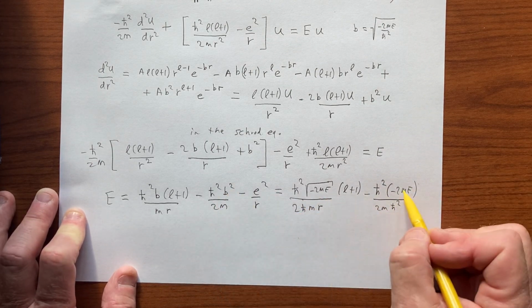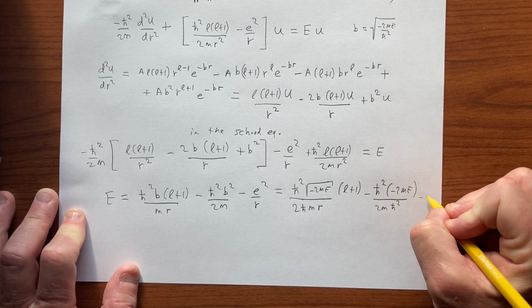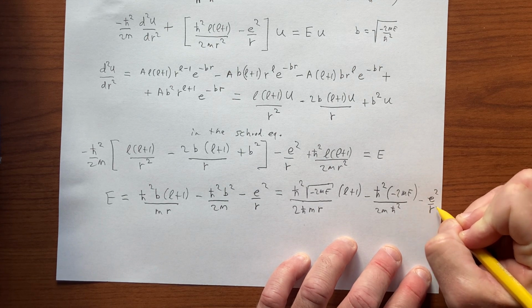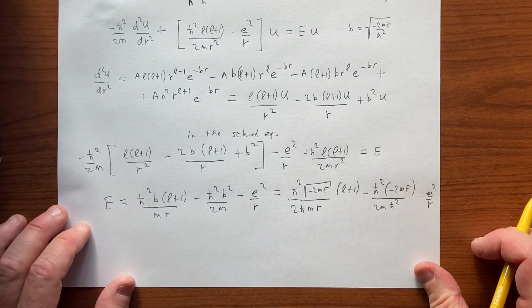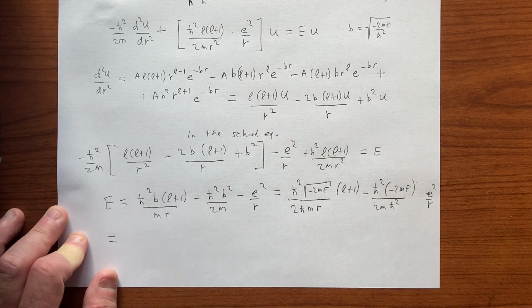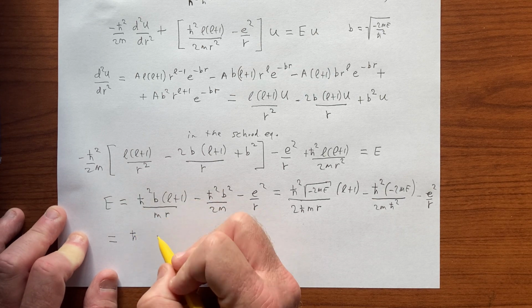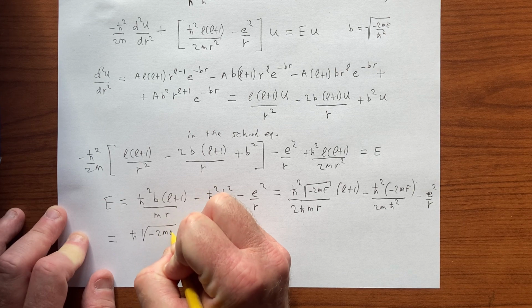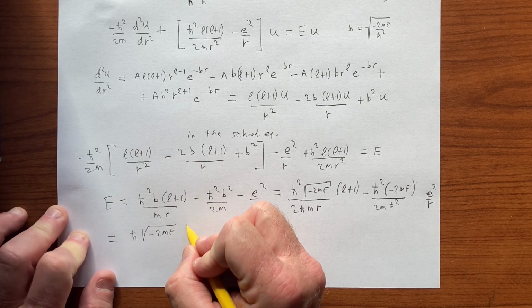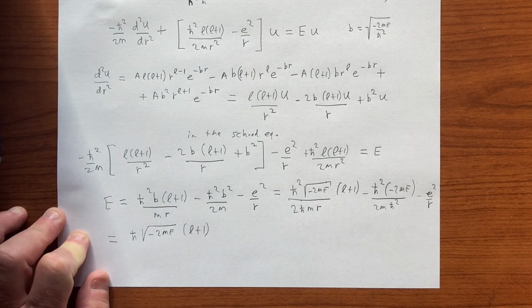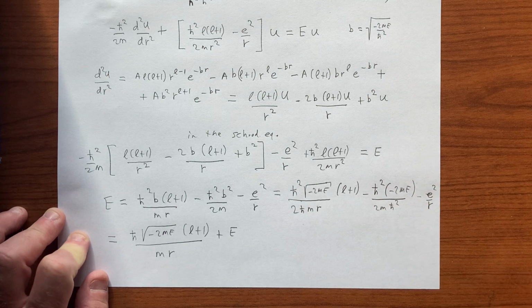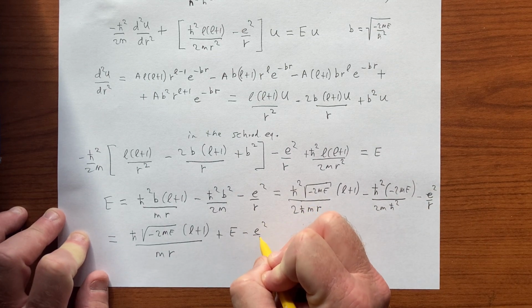That's this term, right? This is the b squared, minus e squared over r, and this is equal to h bar times the square root of minus 2mE, times L plus 1 over mr, plus E, minus e squared over r.